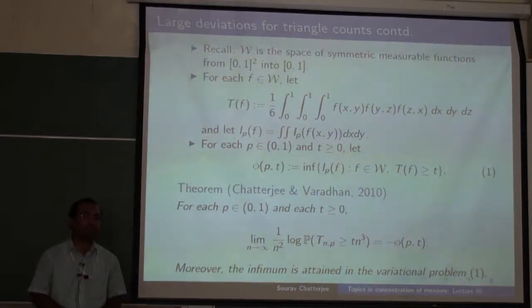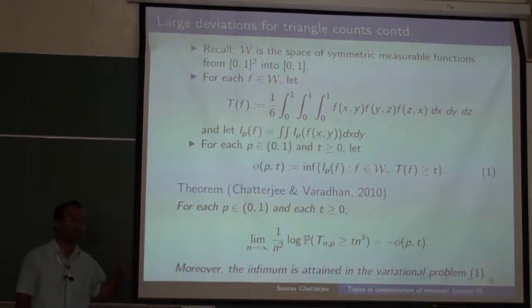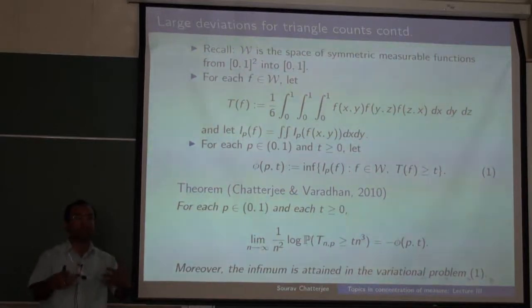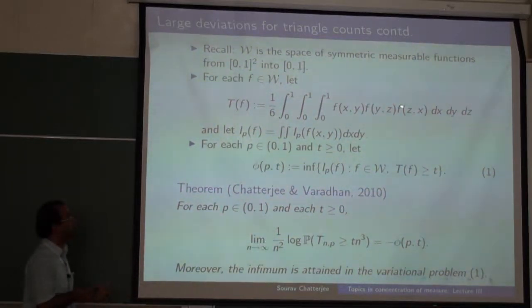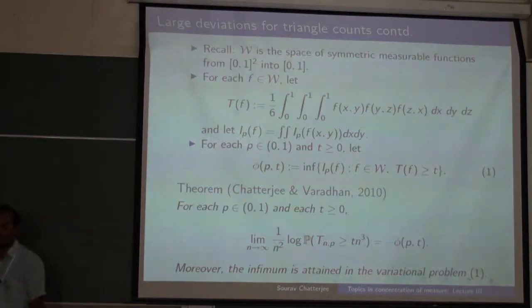The function that attains it describes the limit behavior of the graph. In the limit, what does G(n,p) behave like if you condition on this? That is described by the function. If the minimizer didn't exist, that would be strange, but it does. But we don't know what it is generally.